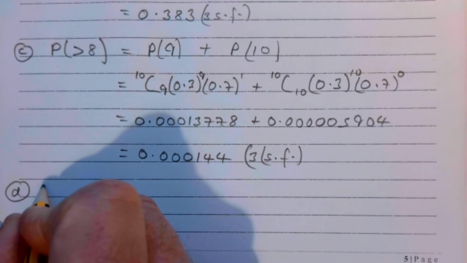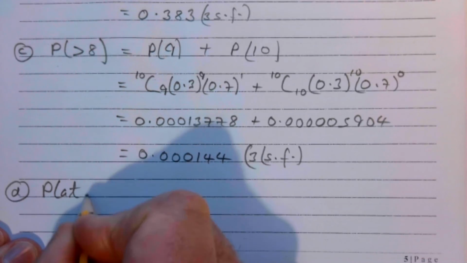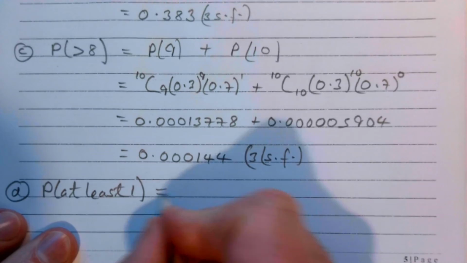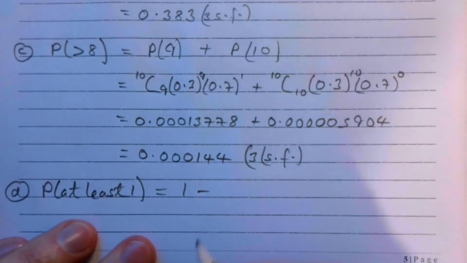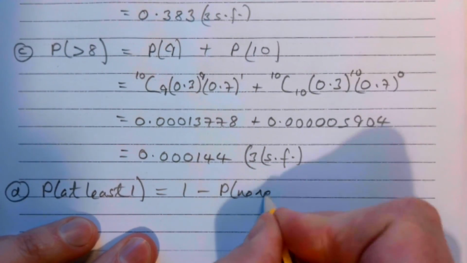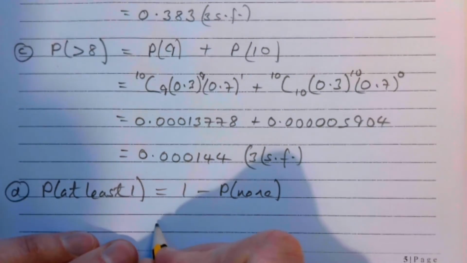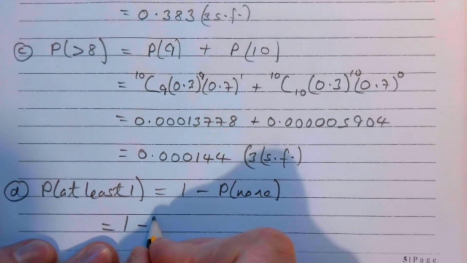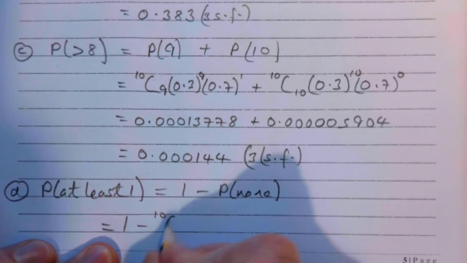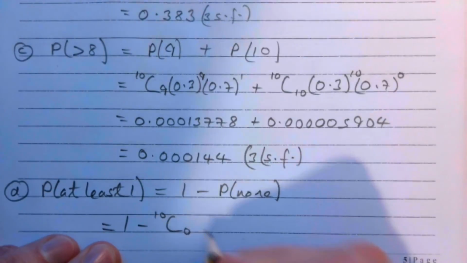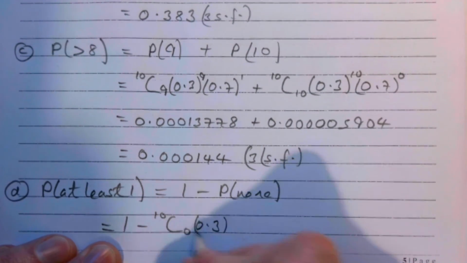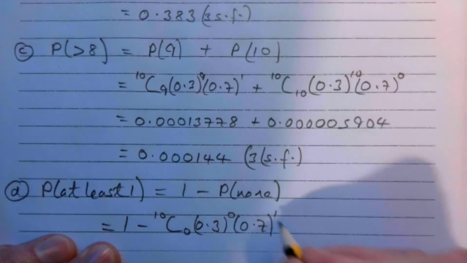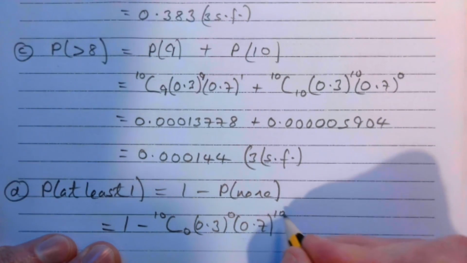So the probability of at least 1 equals 1 minus the probability of none. That is equal to 1 minus 10C0, which is obviously 1, 0.3 to the power of 0, 0.7 to the power of 10.